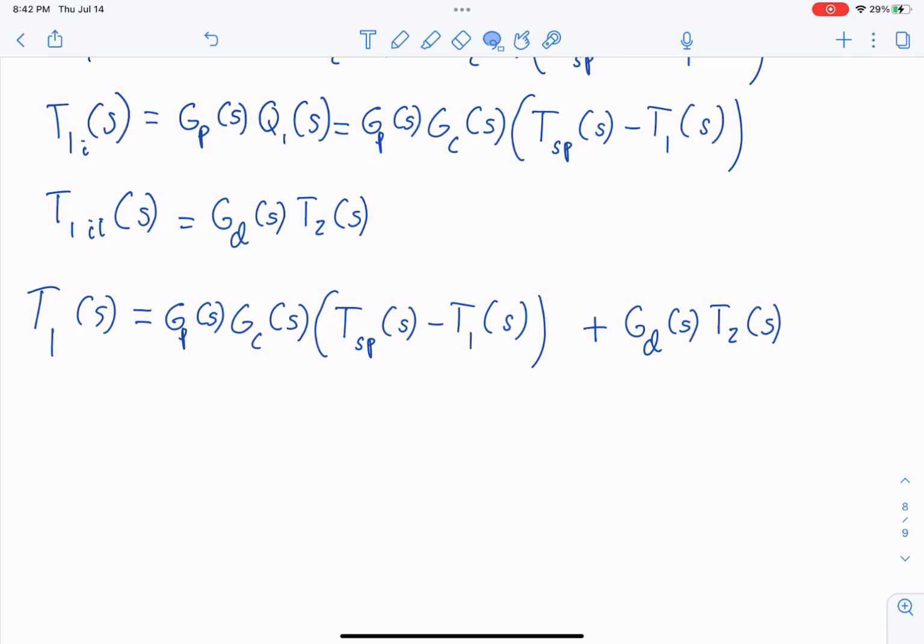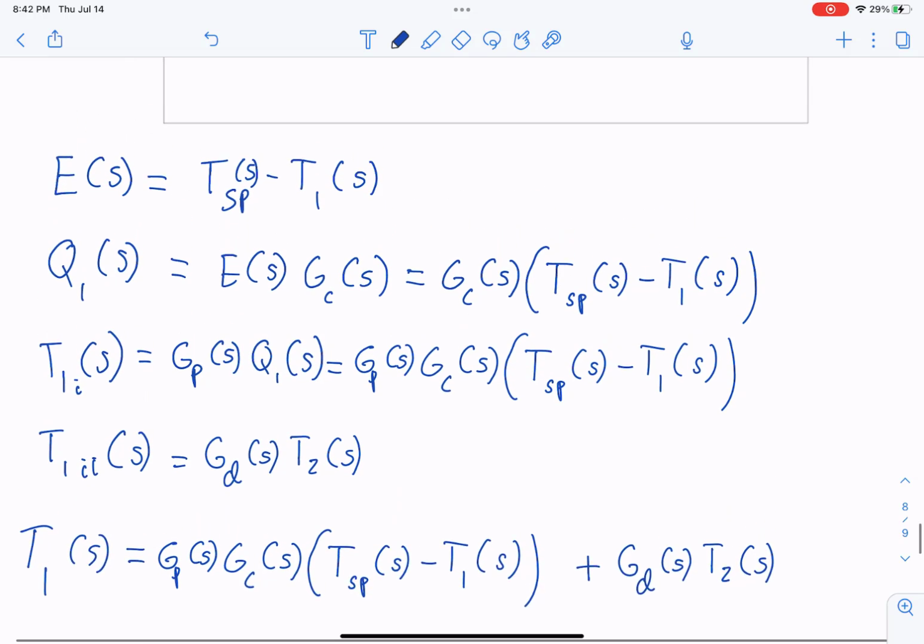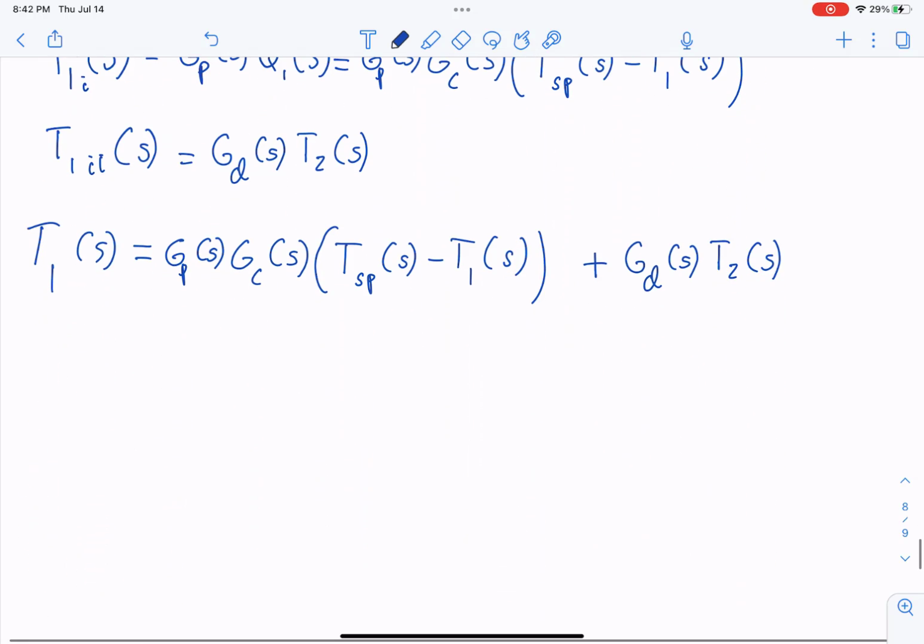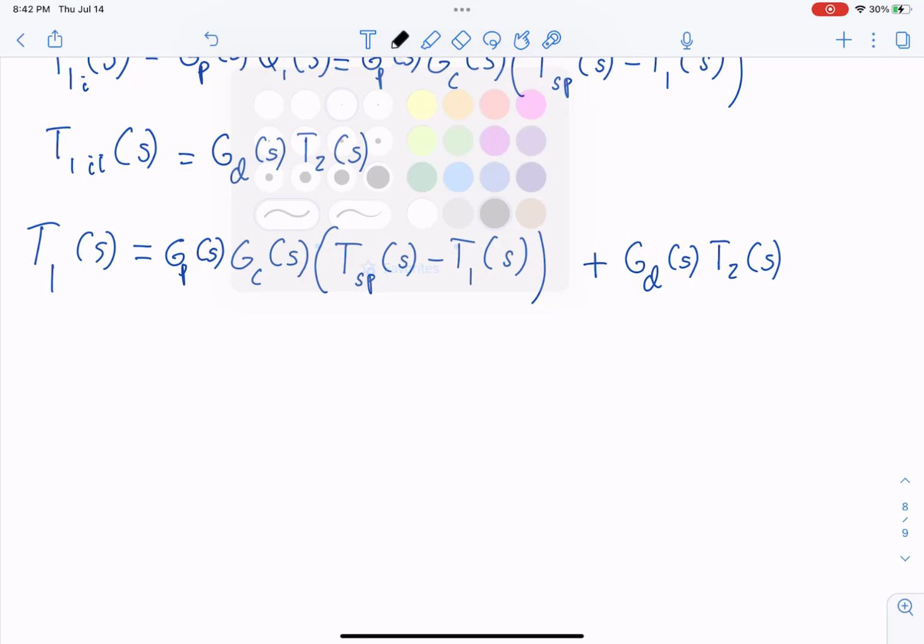In this case, these are in terms of our deviation variables. So let's think things through for a minute. If we want to know how a disturbance, or how a change in temperature 2 would affect, let me just switch colors.